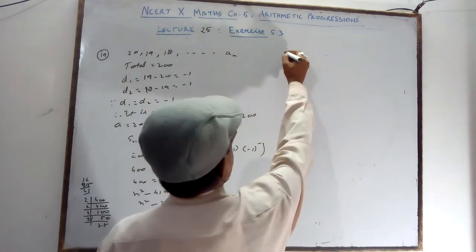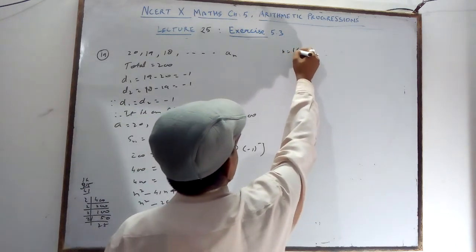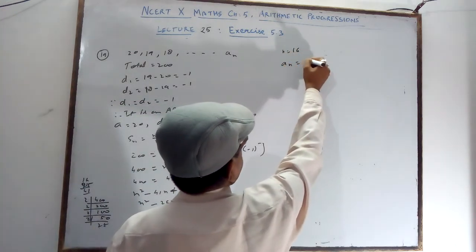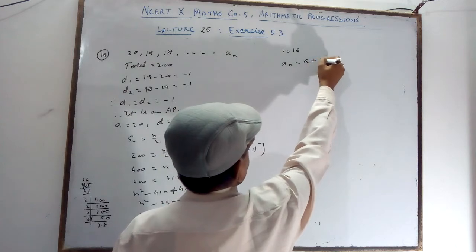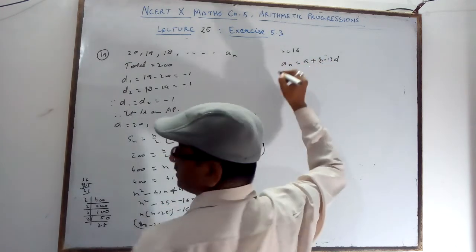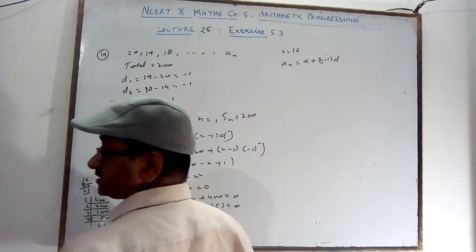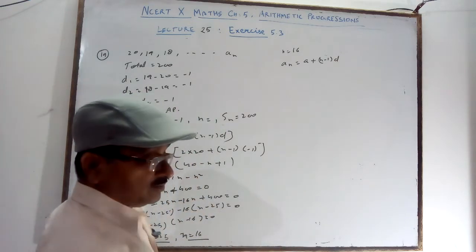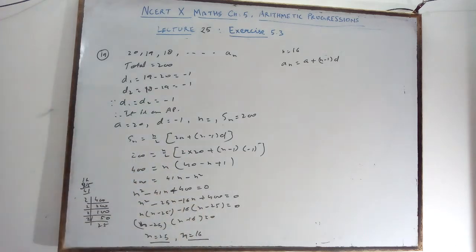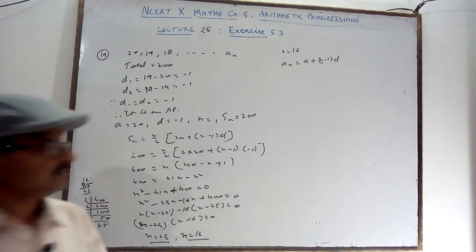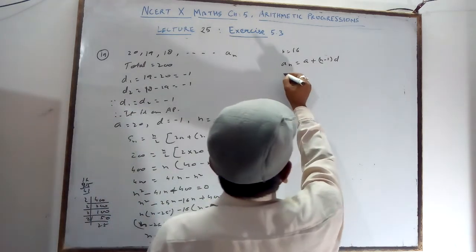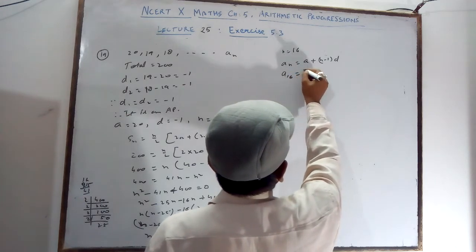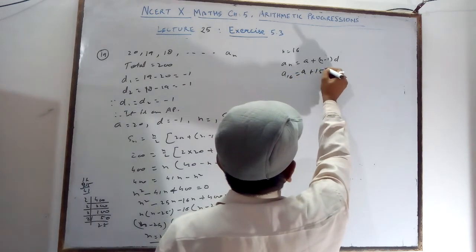So if n is equal to 16, then what is the last row? an is equal to a plus n minus 1 into d. Here a16 is equal to a plus 15d.